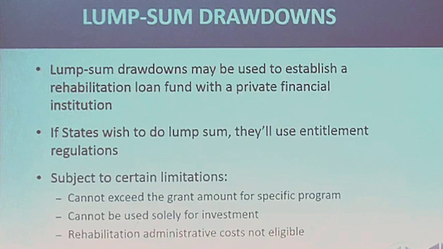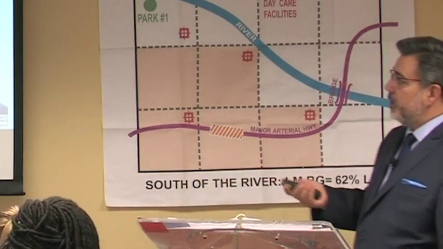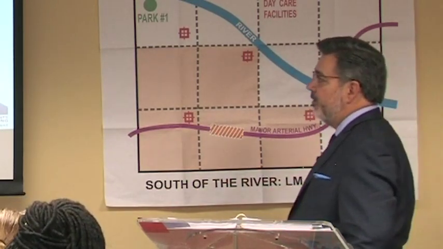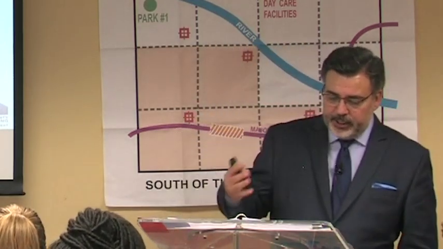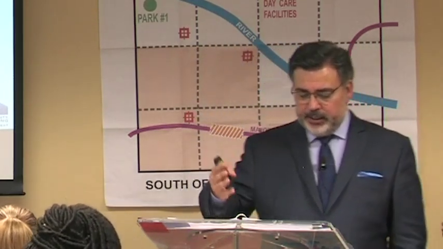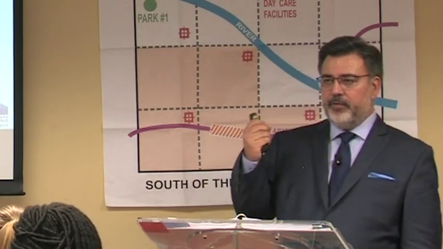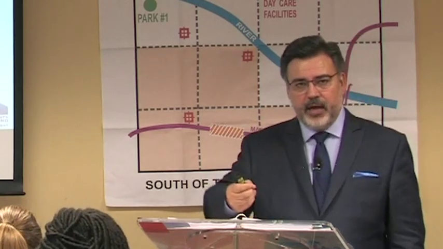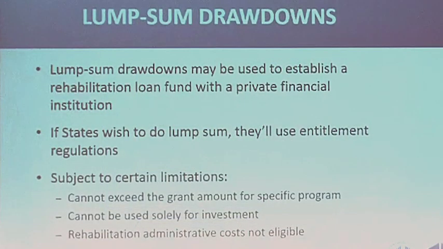You can actually do what is called a lump sum drawdown, okay? It's used to establish a rehab loan fund with a private financial institution, subject to certain limitations. You cannot exceed the grant amount for your specific program. So if you've allocated $250,000 for that program, that's the maximum you can deposit. It cannot be used solely for investment.